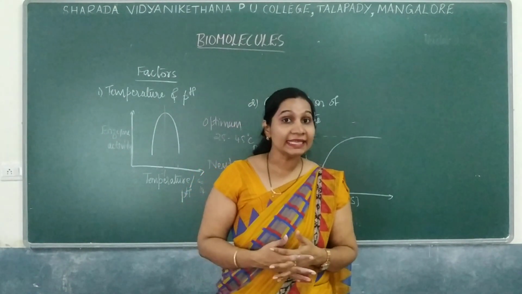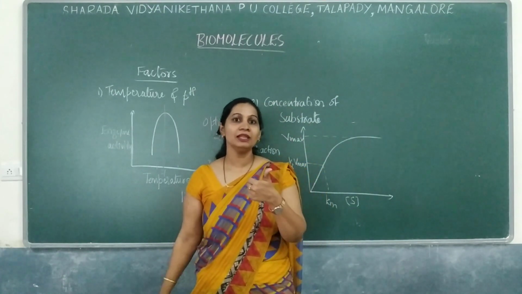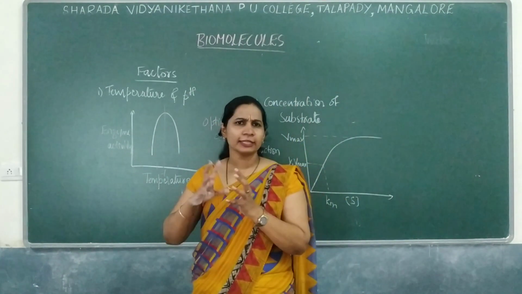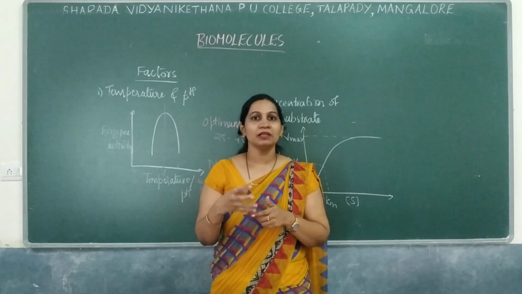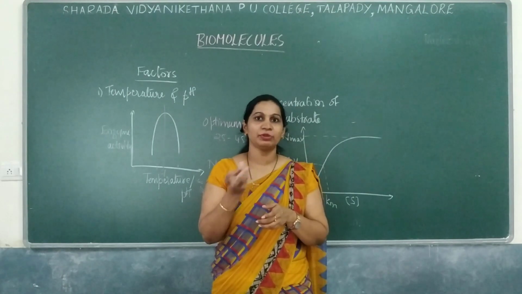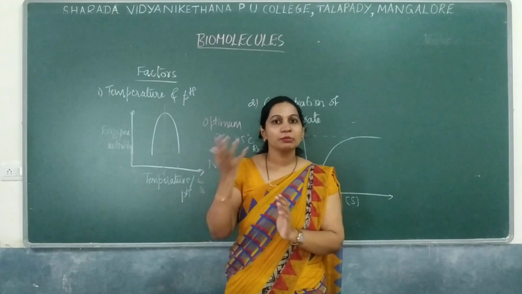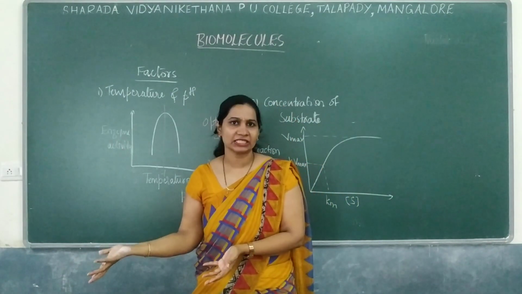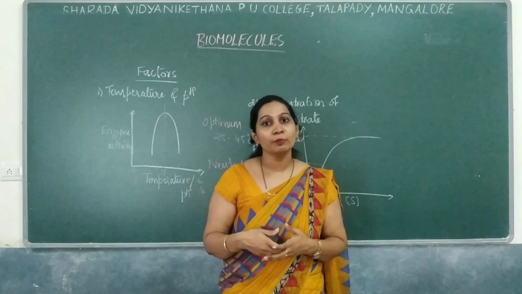Proteins will be denatured under certain environmental conditions, for example, temperature as well as pH. For example, when a raw egg is boiled, it becomes a boiled egg, that is a denatured protein. If you keep milk outside for a longer time, what happens? That will be denatured. That will be spoiled. That is nothing but denaturation of proteins.